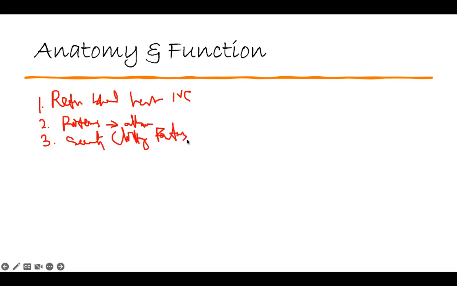There's a bunch of them, but the common ones I want you to pay attention to are factor 2, factor 7, factor 9, and factor 10. These are what we call vitamin K dependent factors.